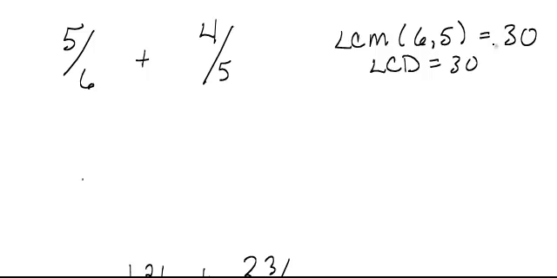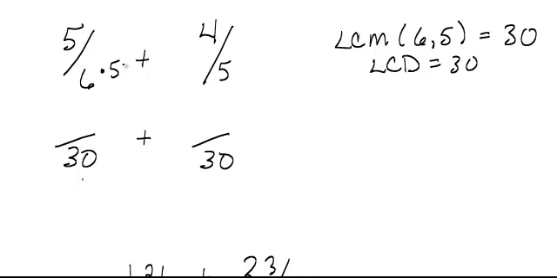So now I want to rewrite both of these, instead of having 6 or 5 in the denominator, with 30 in the denominator. So what can I multiply 6 by to get 30? Well, that's 5.